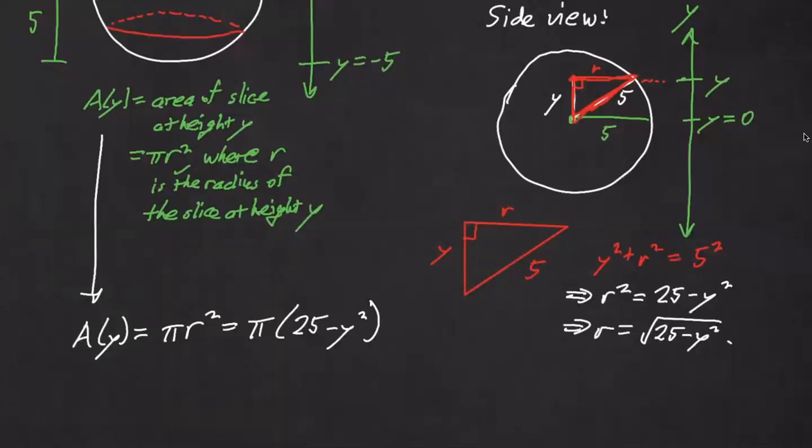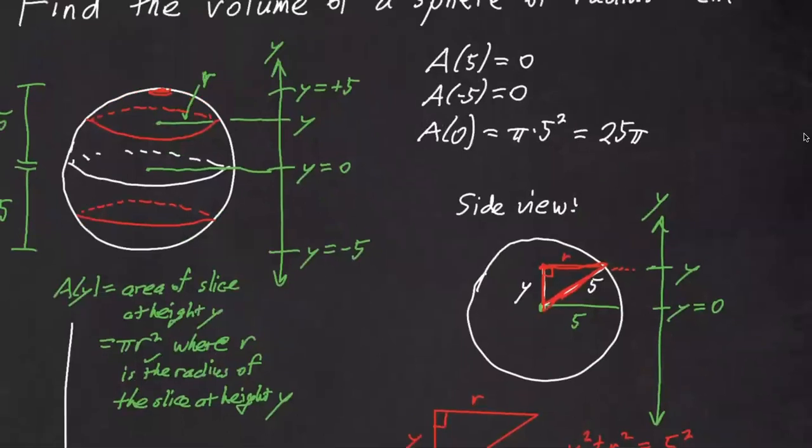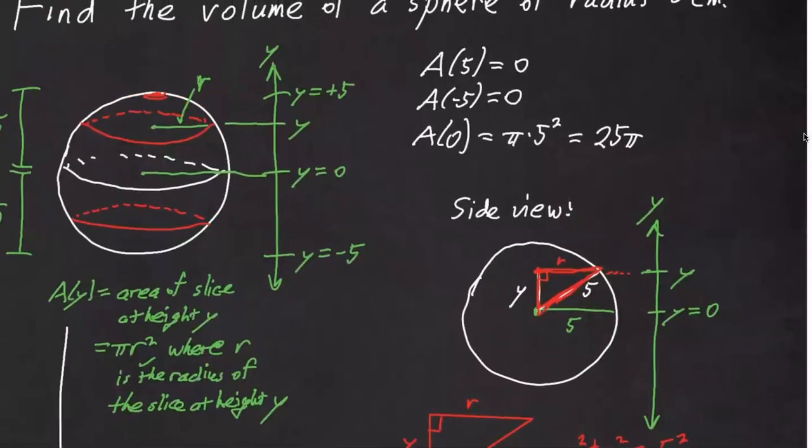And again, you can check it. If you go back to the top and check these against the formula we just found, pi times 25 minus y squared, what if we plug in 5 or negative 5 for y?